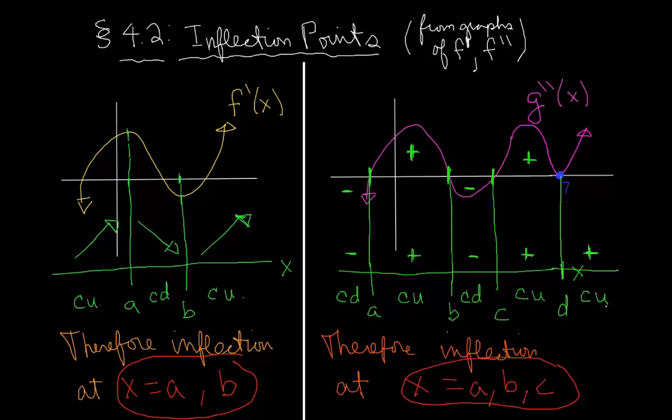So you see, it remains concave up even after that point D. So that means that the original function g didn't change concavity. And so by definition, you don't have an inflection point. So let's just make that clear. This D is not an inflection point because the concavity doesn't change across it. Alright, so that's just to make the point that just because your second derivative is 0, it doesn't necessarily mean that you have an inflection point.